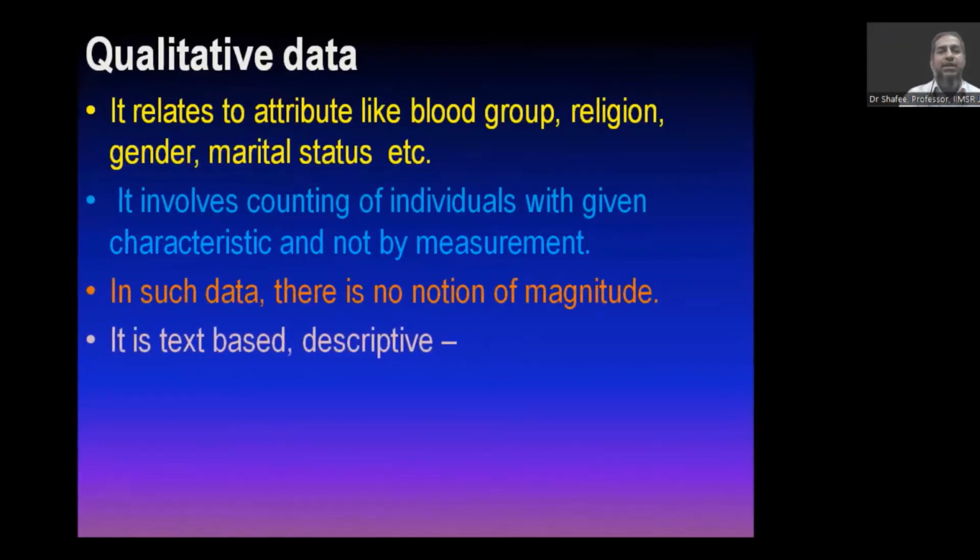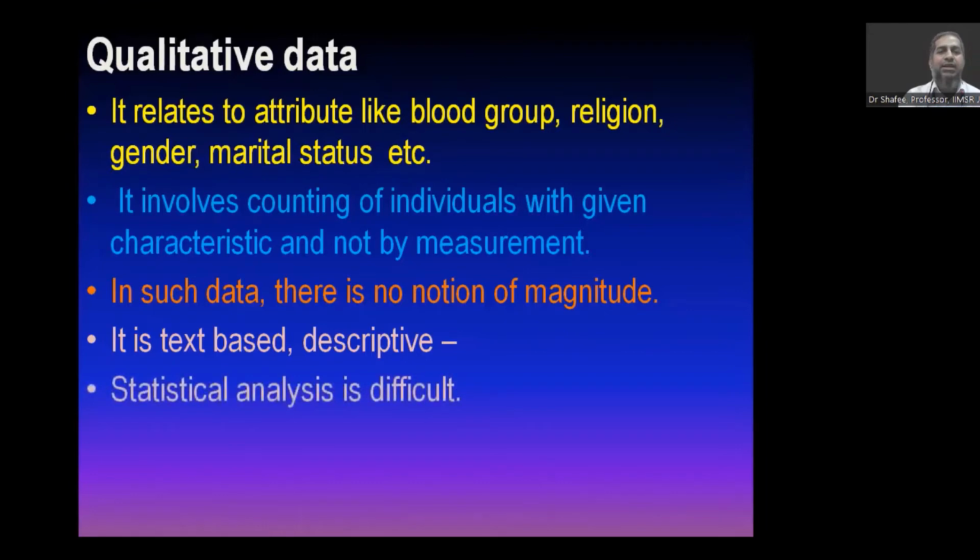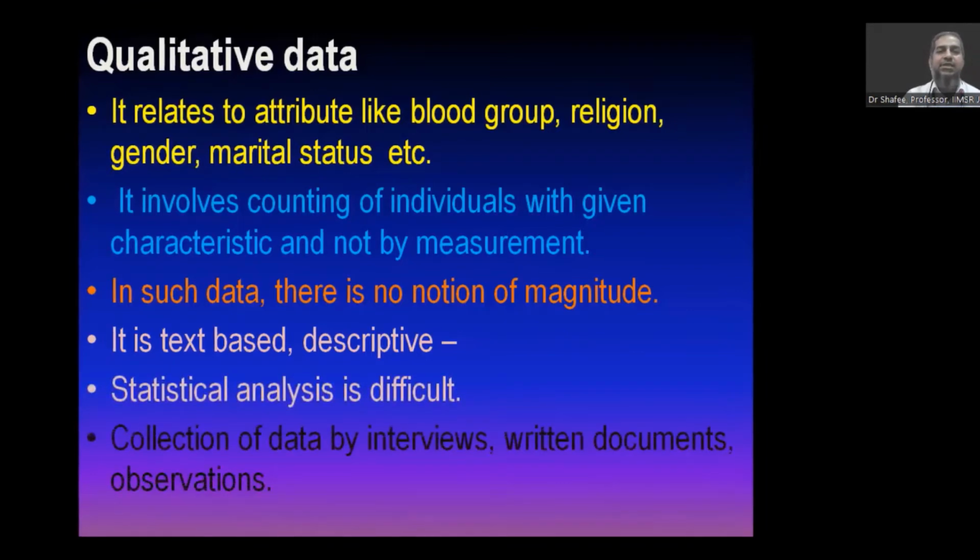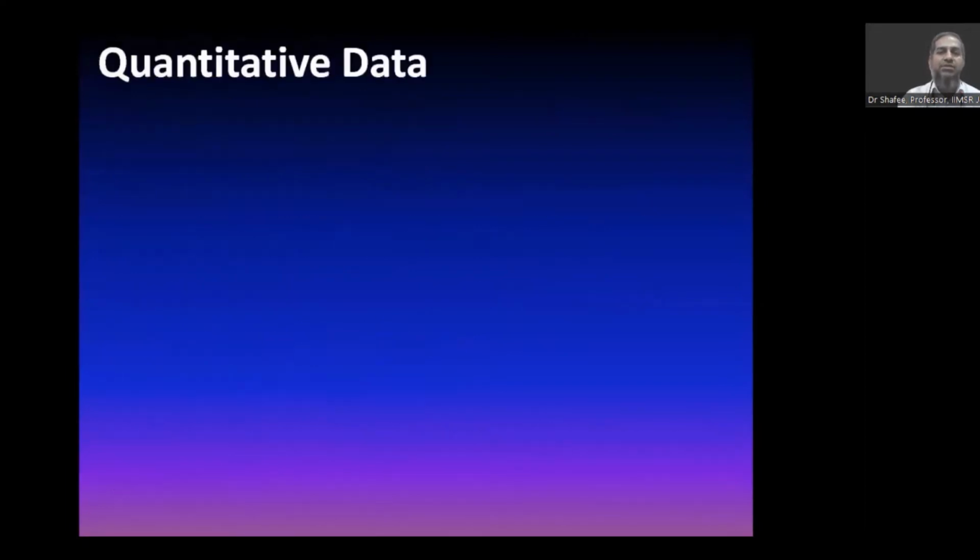You cannot say that this much is the magnitude of the qualitative data. Take the example of the person who is dark in complexion. You cannot say how much dark he is. You cannot measure it. So it does not have the magnitude. It is text-based and it is descriptive. In this case, statistical analysis is difficult. The collection of qualitative data is by conducting interviews, written documents, or observations.